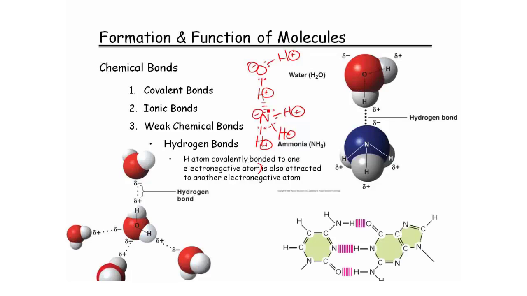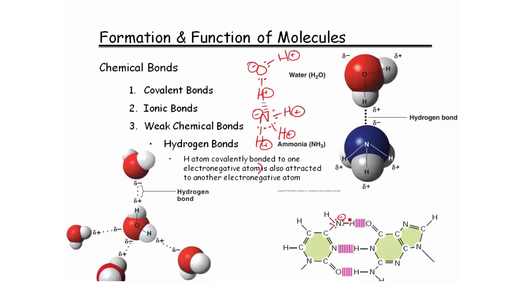If we look at this in regards to larger molecules, here we have a bunch of hydrogen bonds represented by the little pink lines here. If we go through here and we identify some of our polar covalent bonds, this one right here would be polar, here would be polar.